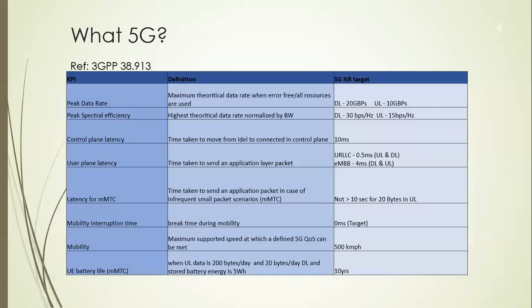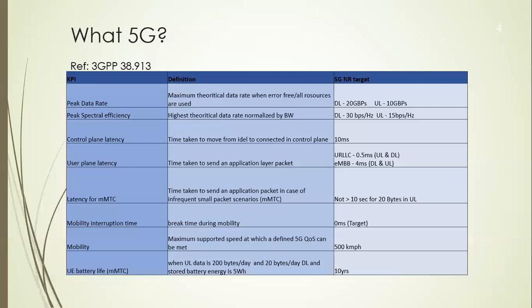And for mobility speed, 5G supports up to 500 kilometers per hour. That means a device moving at 500 kilometers per hour should still be able to get its defined QoS when it is camped in the 5G network.